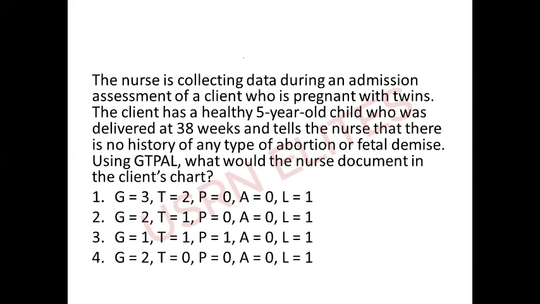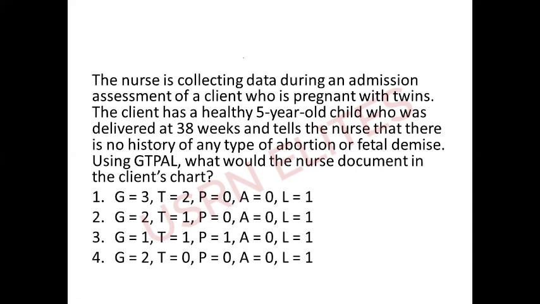Okay, so let's look at this. The next is collecting data during an admission assessment of a client who is pregnant with twins. The client has a healthy 5-year-old child who was delivered at 38 weeks and tells the nurse that there is no history of any type of abortion or fetal demise.